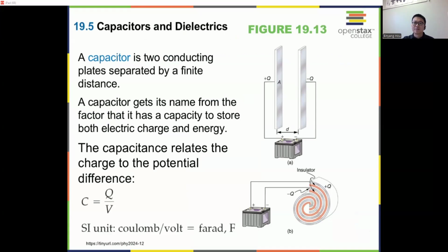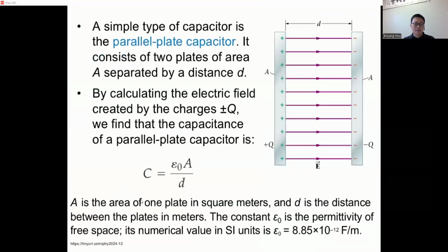The capacitance of a capacitor is equal to the charge on the plate divided by the voltage across the two plates. And for parallel plate capacitors, the capacitance is proportional to the area of the plates, and inversely proportional to the distance, with this constant here, which is the permittivity of free space.